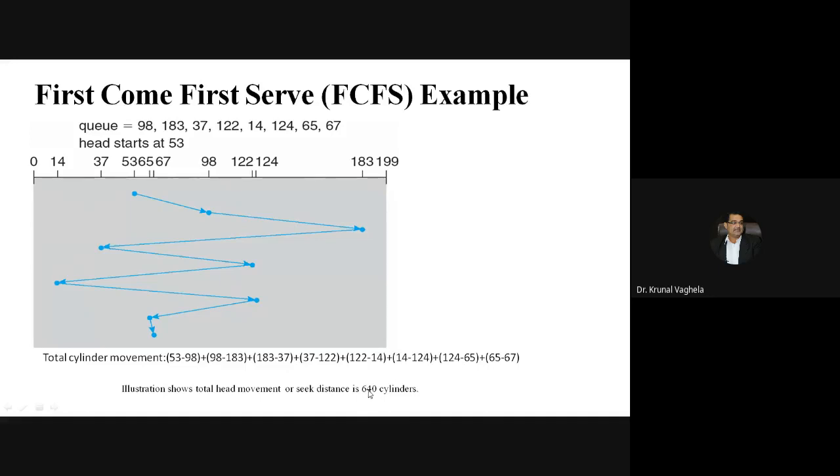That will be the total seek distance traveled by the head. And in your exam, the time required for one seek will also be given. So the total will be this one.